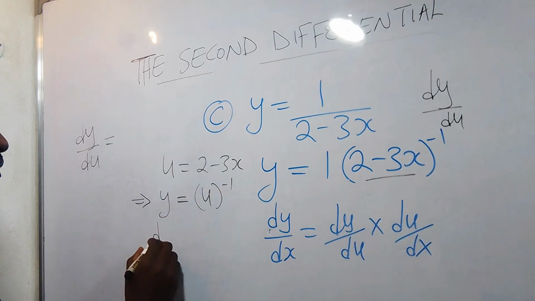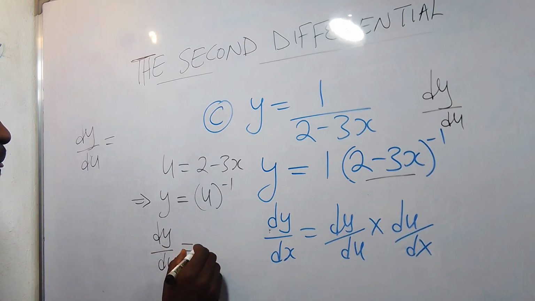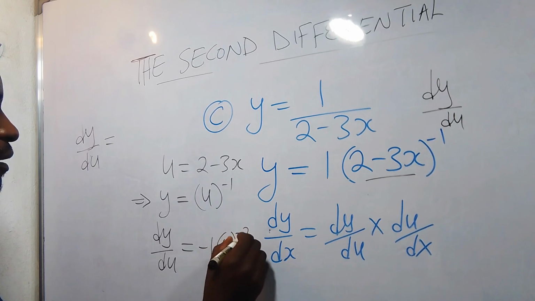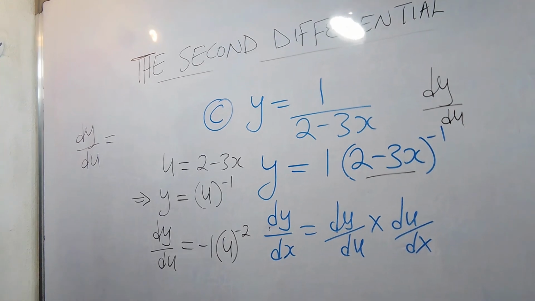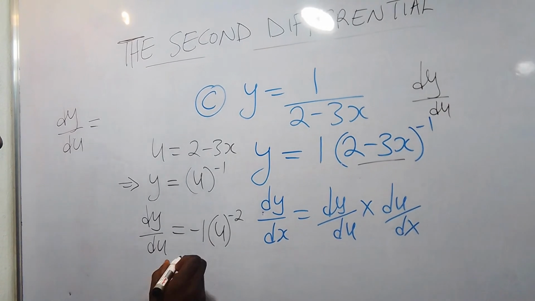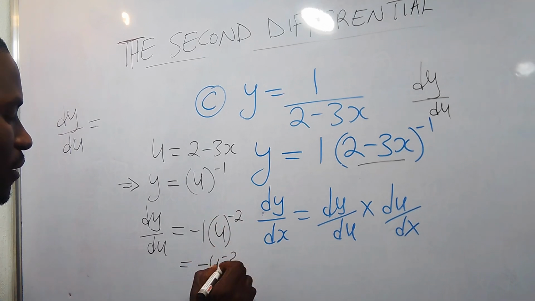So dy over du equals negative 1 times u to the power negative 2. Or if you like, you can just say negative u to the power negative 2.